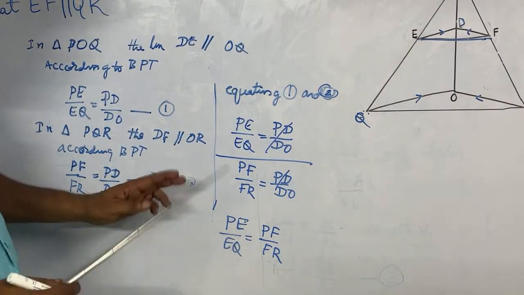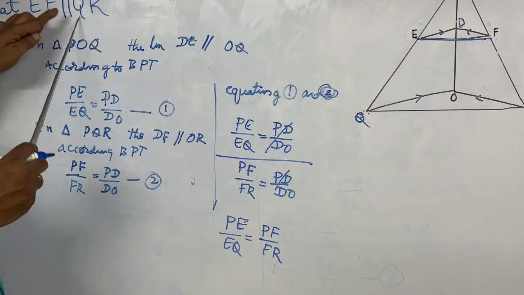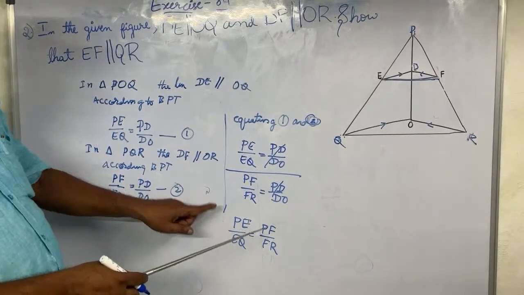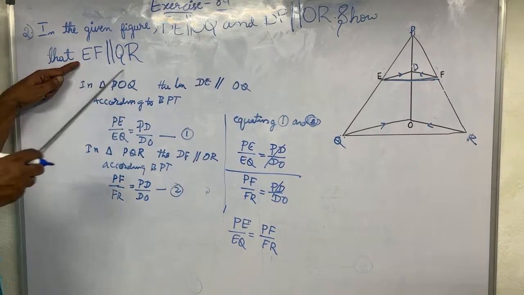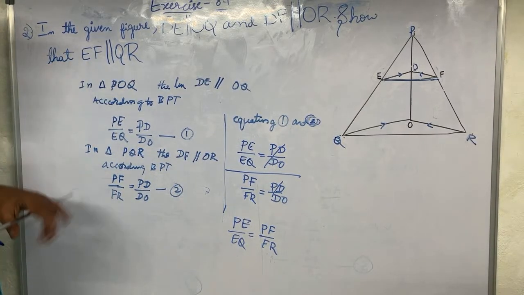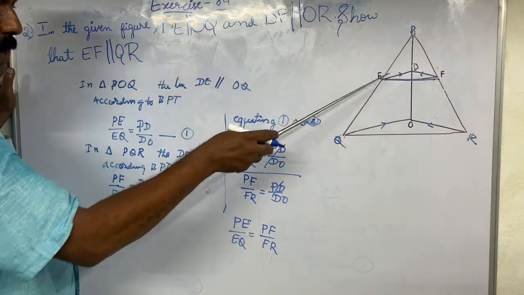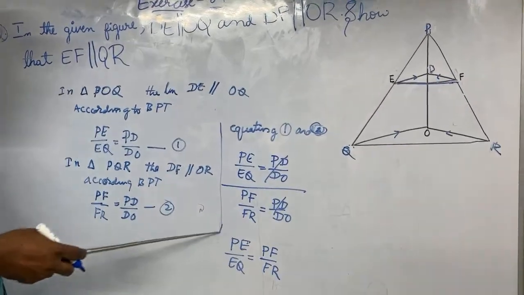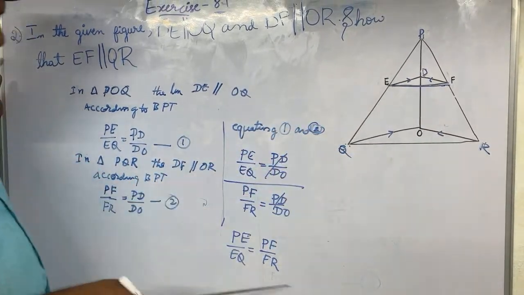Now, by this ratio, how can we show that EF is parallel to QR? PE by EQ is the first ratio, and PF by FR is the second ratio.